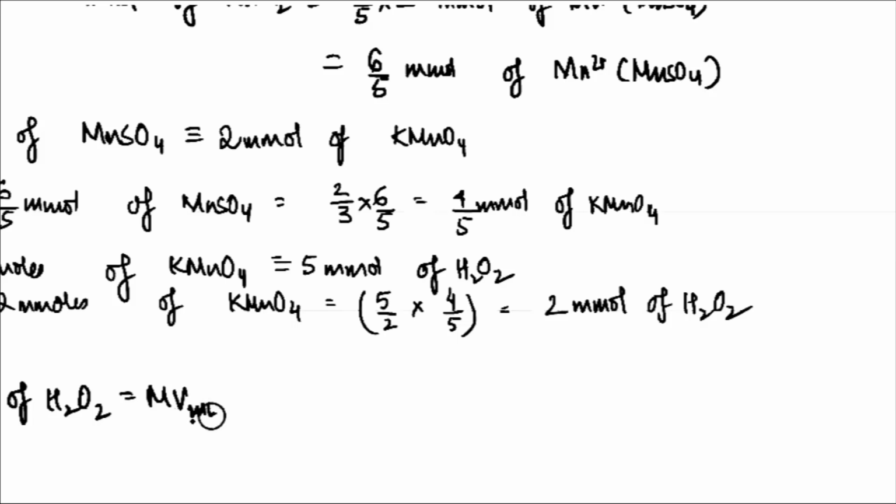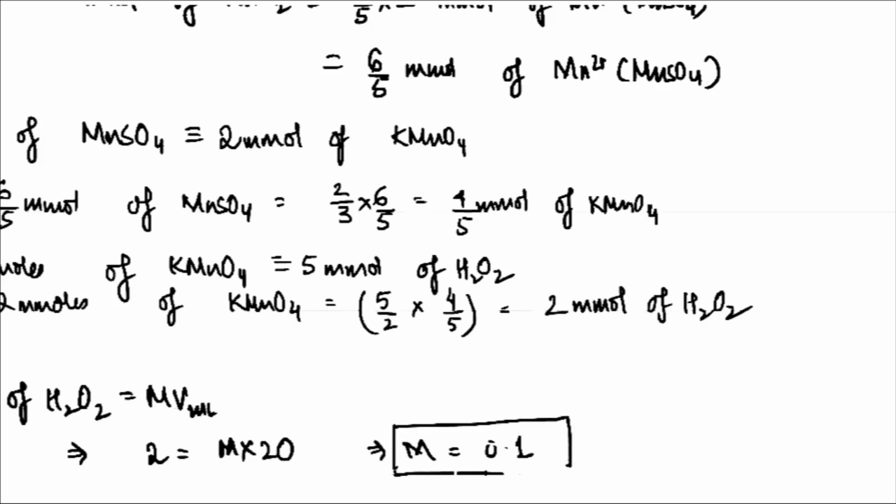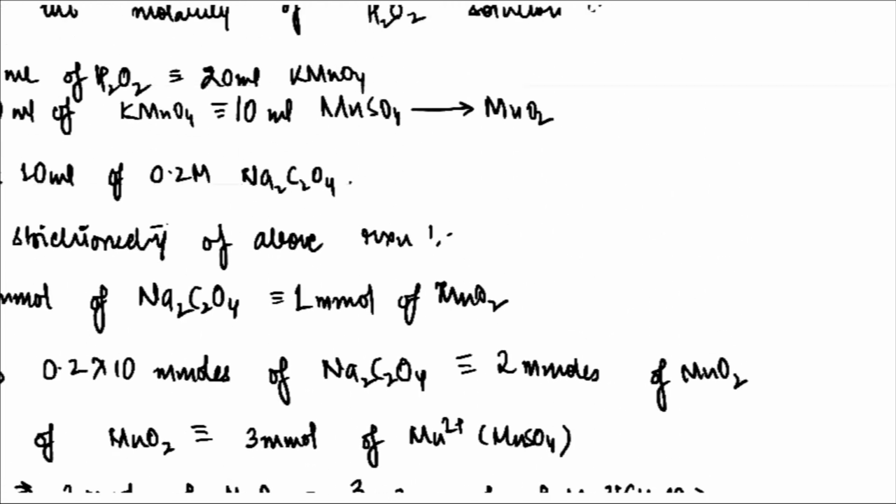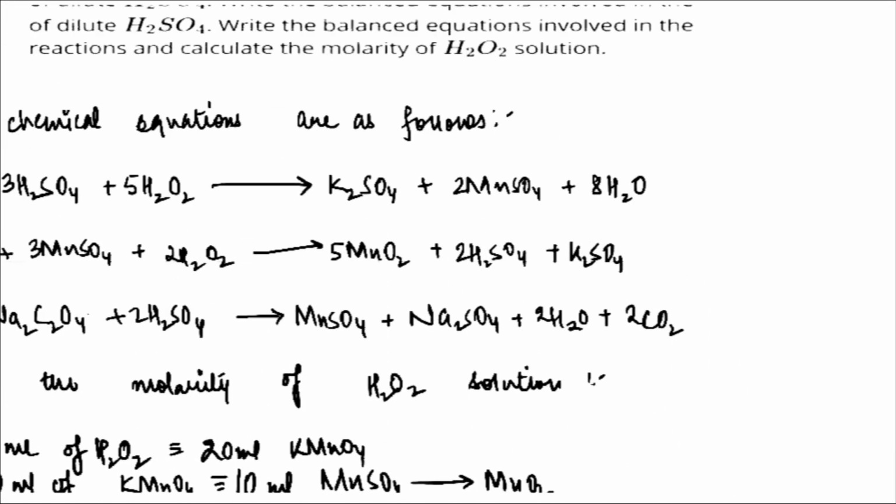V is in milliliters because we are calculating millimoles. Implies that 2 is equal to M into volume, which is given as 20 ml. Implies that M is equal to 0.1. Therefore, molarity of H2O2 is equal to 0.1.